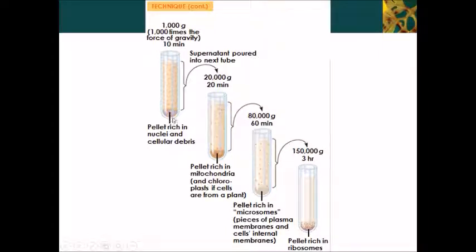Usually the pellet that you will get is based on their mass or their weight. So nuclei and cellular debris will become the first pellet because they are the heaviest organelles inside the cells.